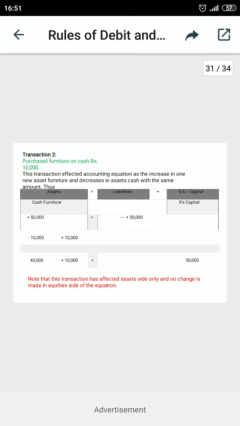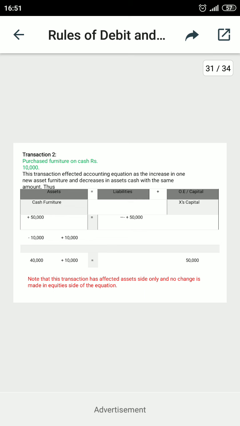The cash reduction is 10,000 in the cash column, and after the payment of 10,000 you may observe the 40,000 cash is there now as a balance. After the payment, cash is decreasing and furniture is increasing by 10,000. So the net result you may see is 40,000 cash in hand and furniture of 10,000.